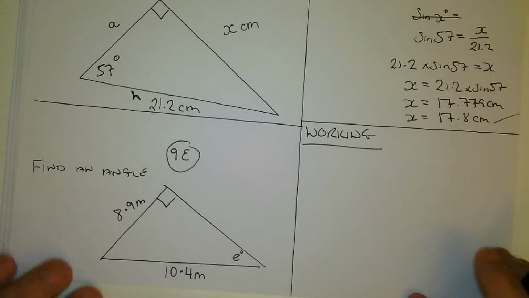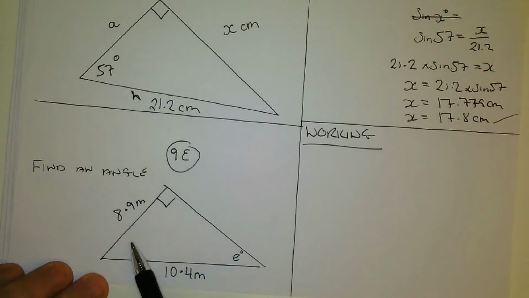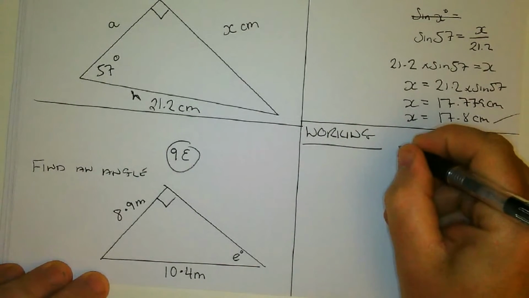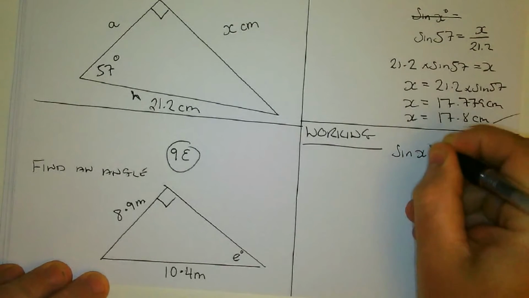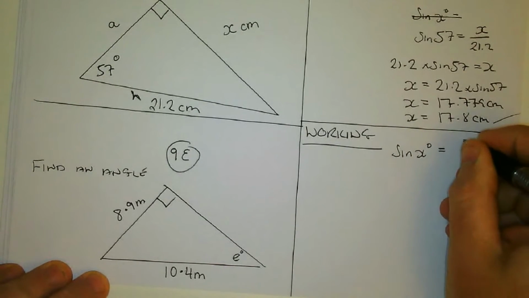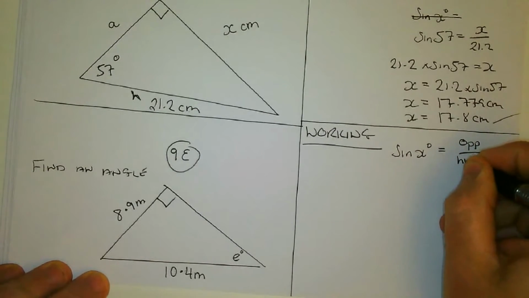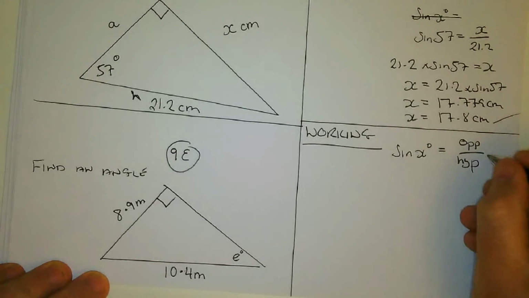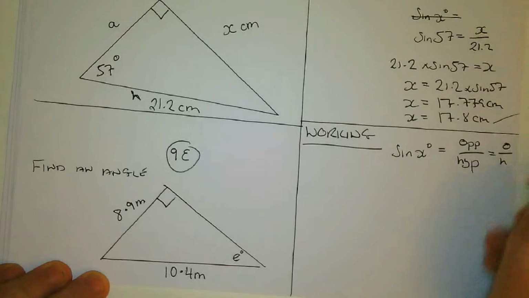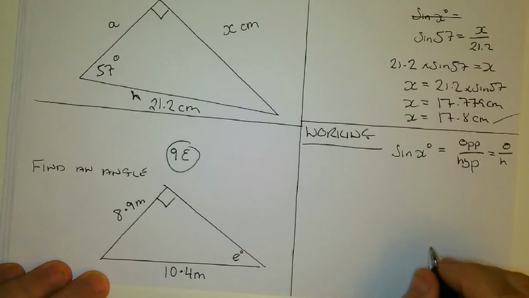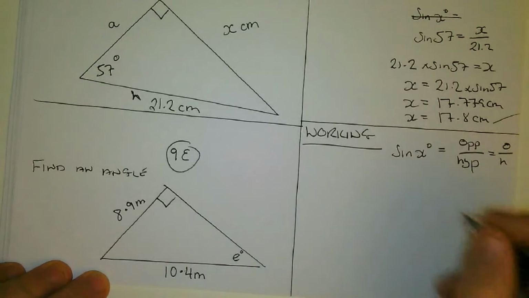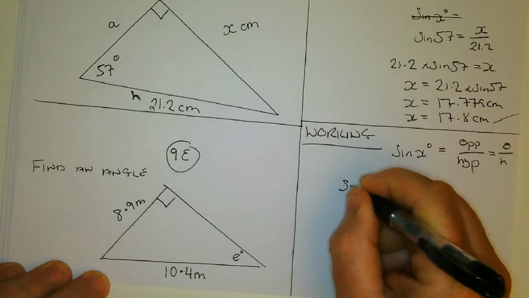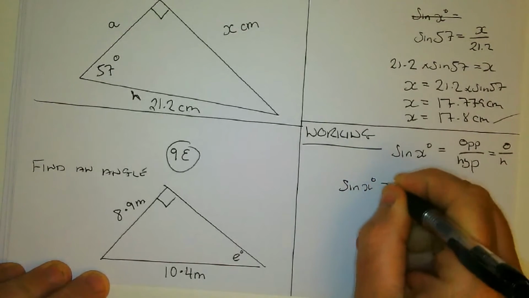Right, next one, hopefully I'll do it a bit slicker. This one here is finding the angle. So again, you're going to have sine x degrees equals my opposite over hypotenuse, so O over H. Now we don't have the angle, so we'll just write sine x degrees.